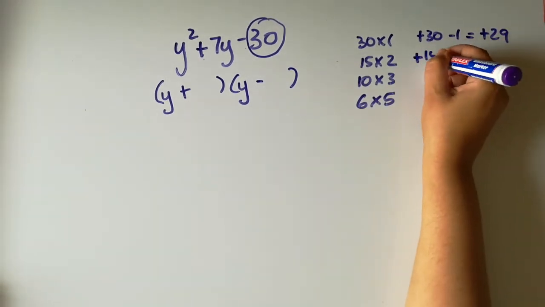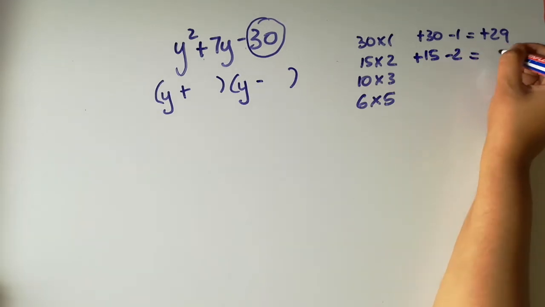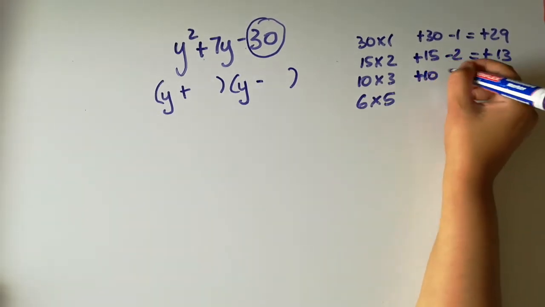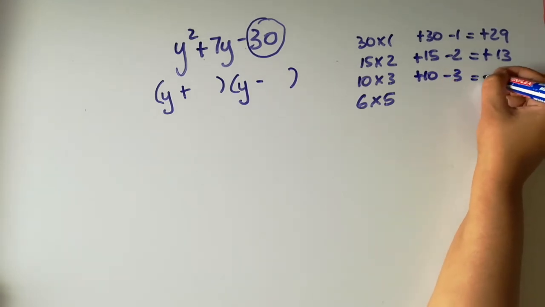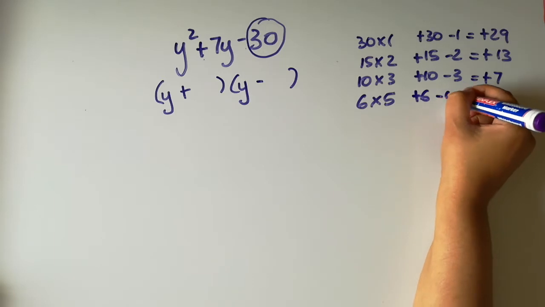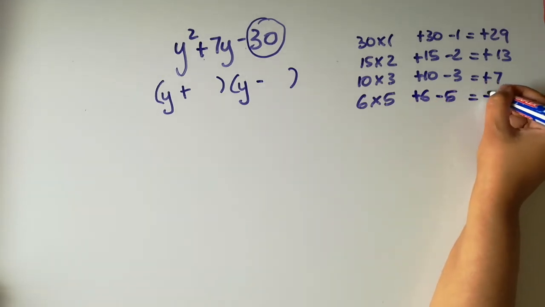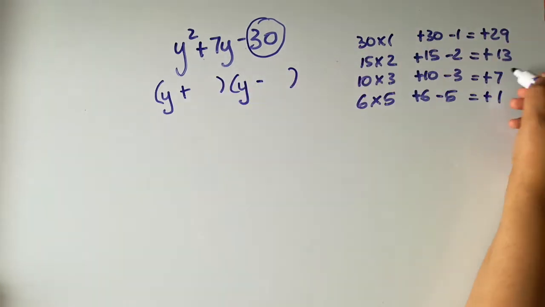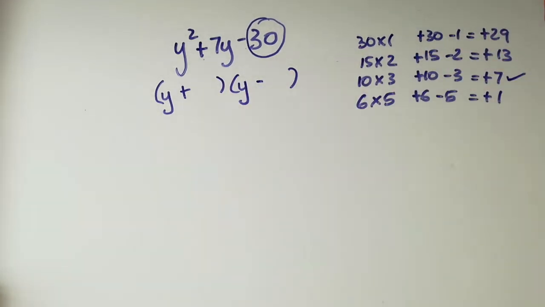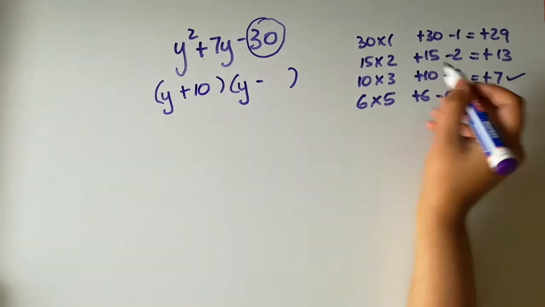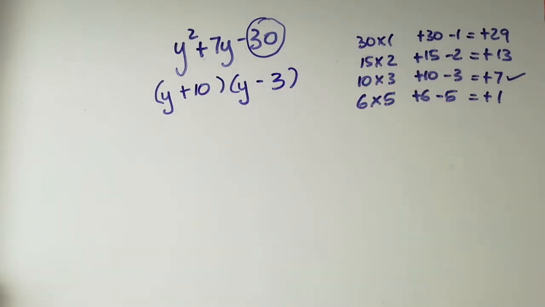Plus 15 minus 2 will give us plus 13. Plus 10 minus 3 will give us plus 7. And plus 6 minus 5 will give us plus 1. We have a plus 7 here, so obviously we are looking at that one. So that's plus 10 and minus 3.